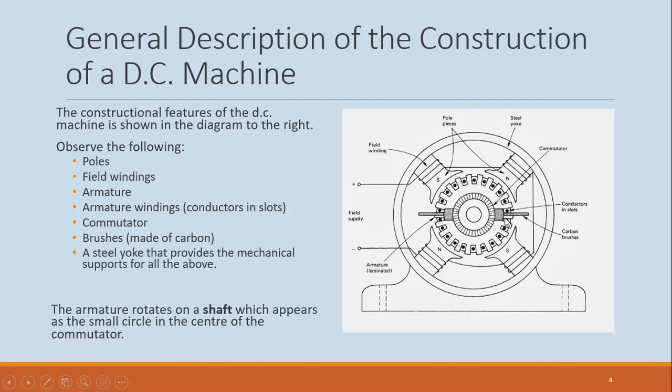This round section now would be the armature, and it has slots in which conductors are also situated. So these are the armature conductors, these dots here between these slots. On the shaft also is something called a commutator, and it has a very important role in the DC machine.